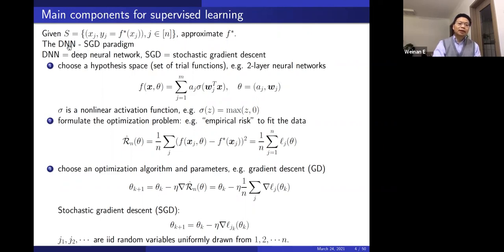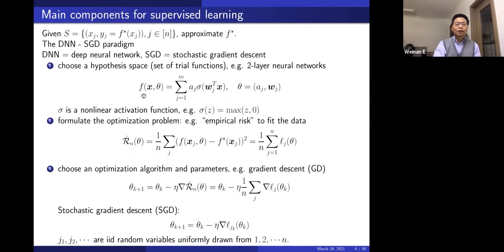The well-known DNN-SGD paradigm, deep neural network with stochastic gradient descent, for solving this problem is as follows. It has three components. The first component is to construct a hypothesis space, which is just a set of trial functions. We're going to use these functions to approximate f star.